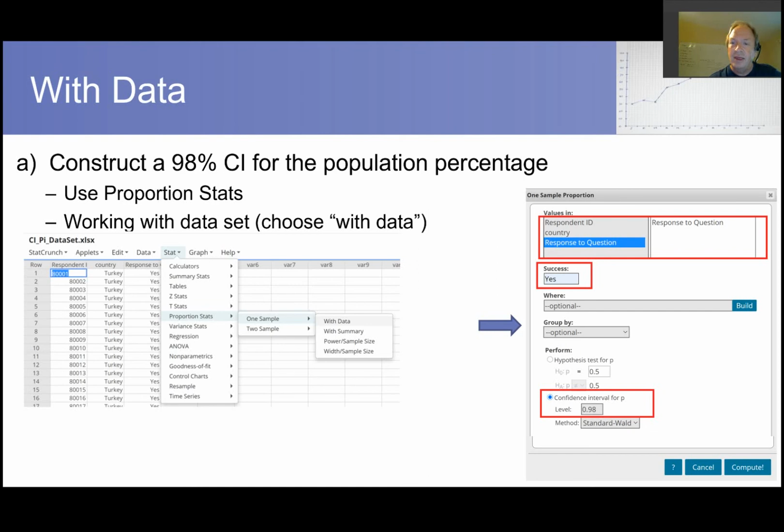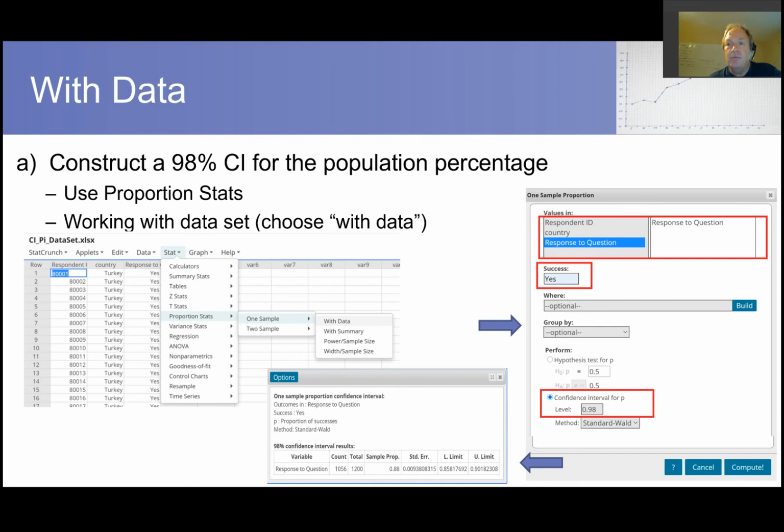So in this case, I'm interested in the percentage of people who are. So success is when I come across an individual where I see a yes. That's what I'm looking for. They're in my category of interest. And finally, I'm going to put in the value for the confidence level, which is 98%. So I type in 0.98, and I hit compute.